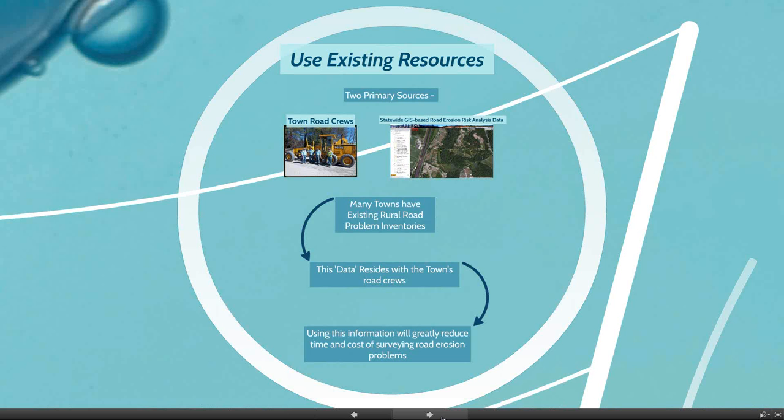And right off the bat, you can usually get a pretty long list of sites by doing that work with the town road crews.